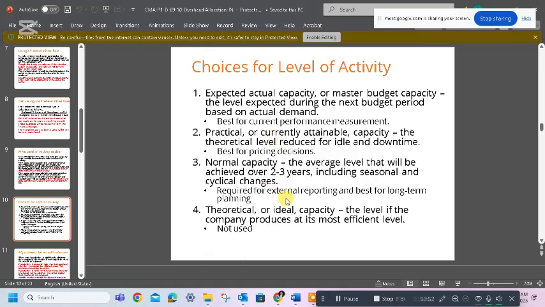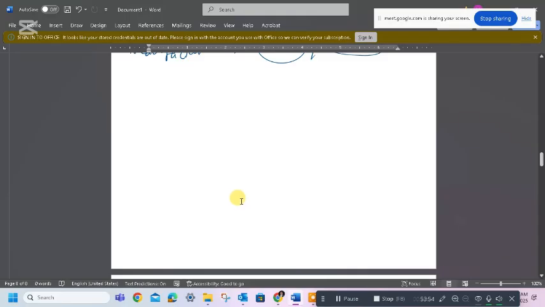Let's go here and do an example. Let's say you are going to use machine hours. Let's say you have 10 machines. Every day you are working 2 shifts, so 16 hours a day.